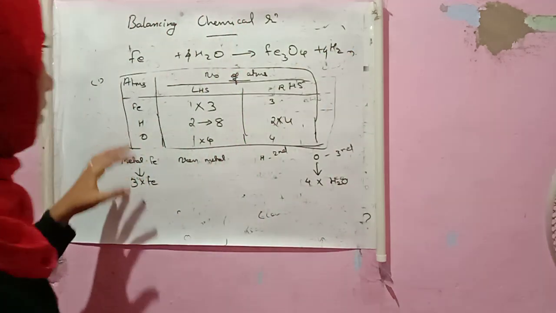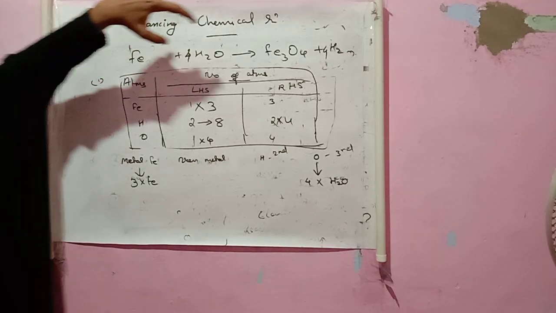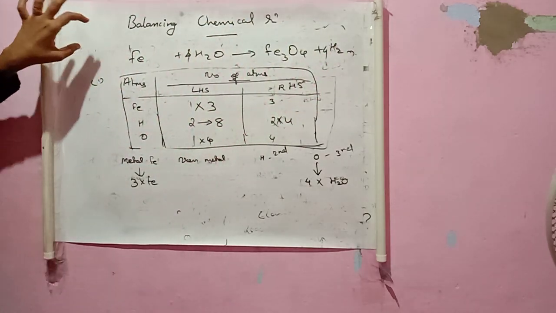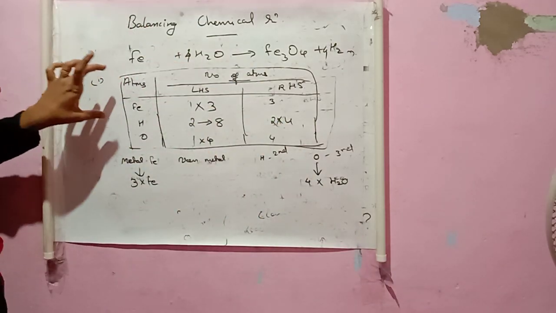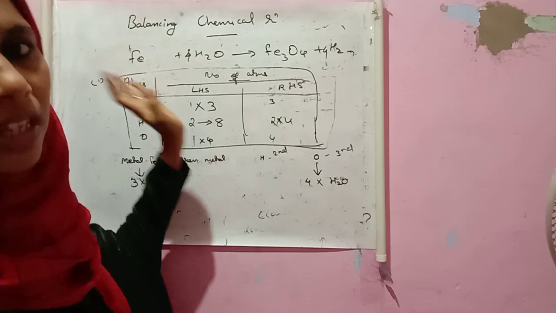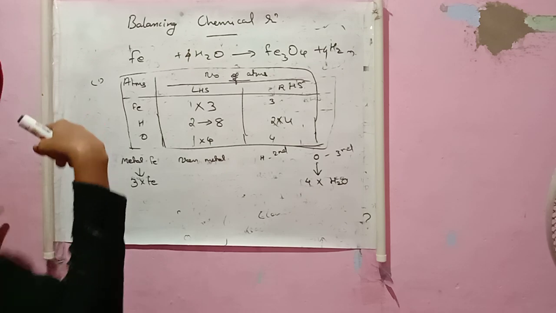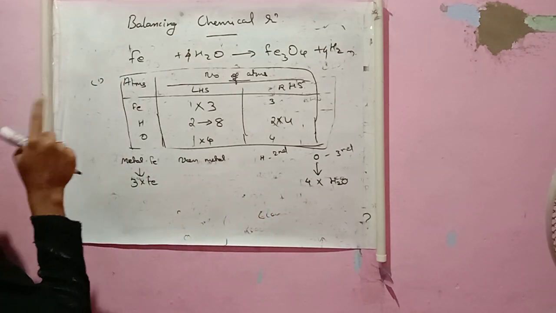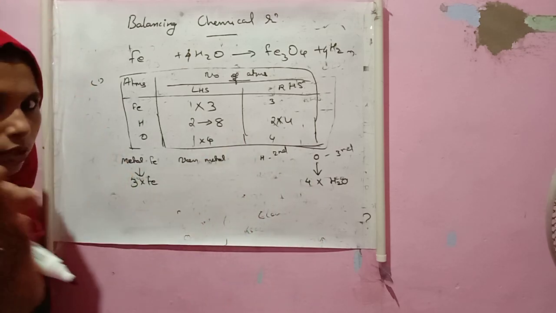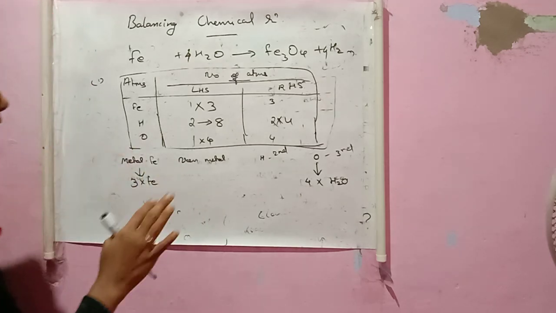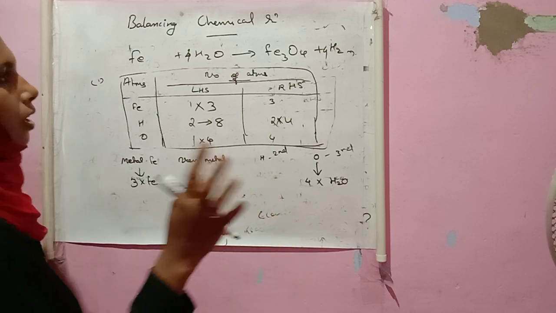I think you are clear about this reaction. Whatever we did here: first we wrote the skeletal equation, which means the reaction equation in unbalanced state, and then we listed the number of atoms participating on both the LHS and RHS. According to the second rule, we start with the metal, then non-metal, then hydrogen, then oxygen. But here we check the third rule: if an element exists in elemental form, we skip it.